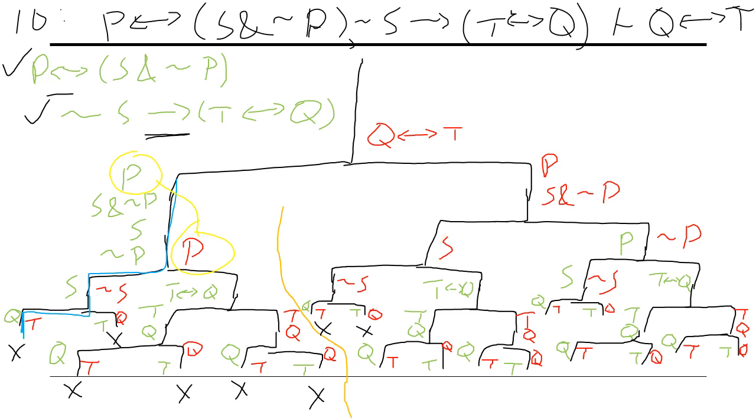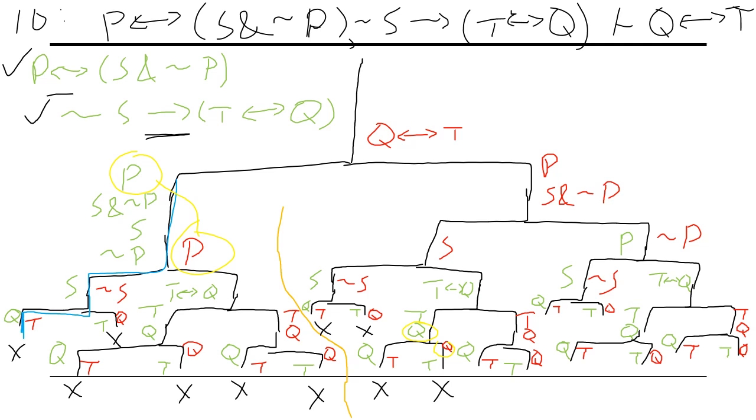Next, I know that I have T here, T here. So that one will also close. Here, I've got a Q and a Q. So that one will close.